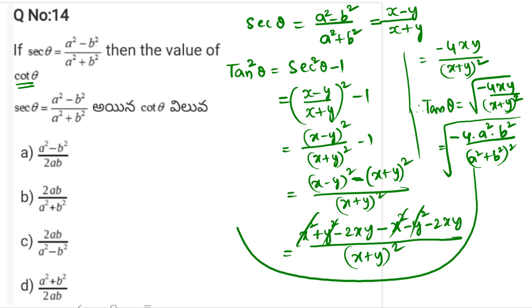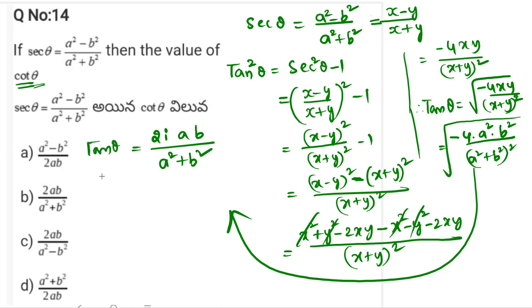Now I am writing the answer here. This is equal to the square root of minus 4, which is nothing but 2i. Then for a square the root is a, for b square the root is b, divided by a square plus b square whole square under the root. So square and root will be cancelled. We will get a square plus b square. This is the value of tan theta.